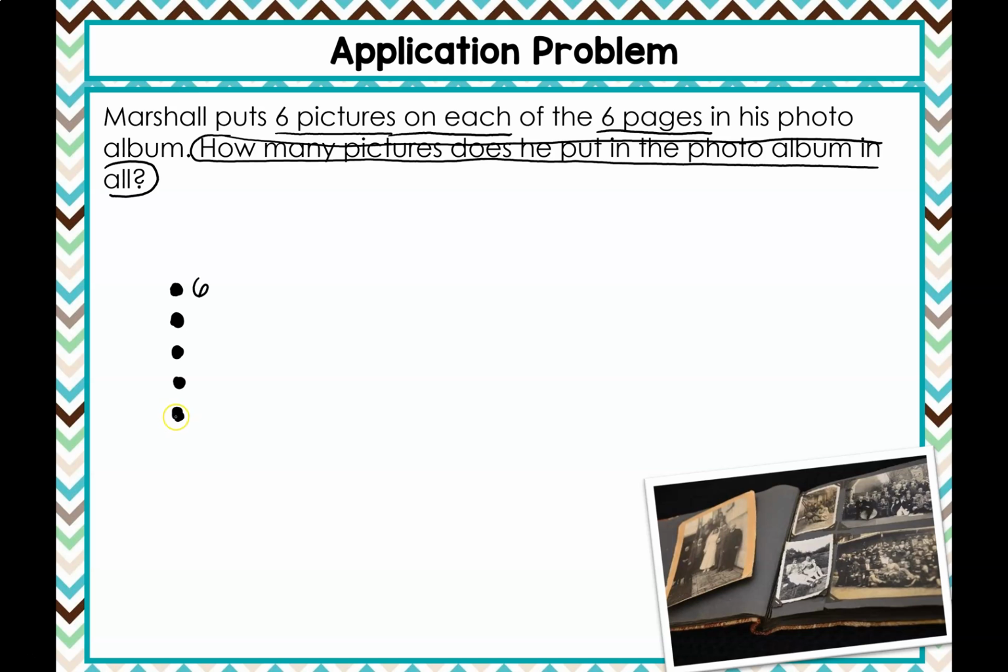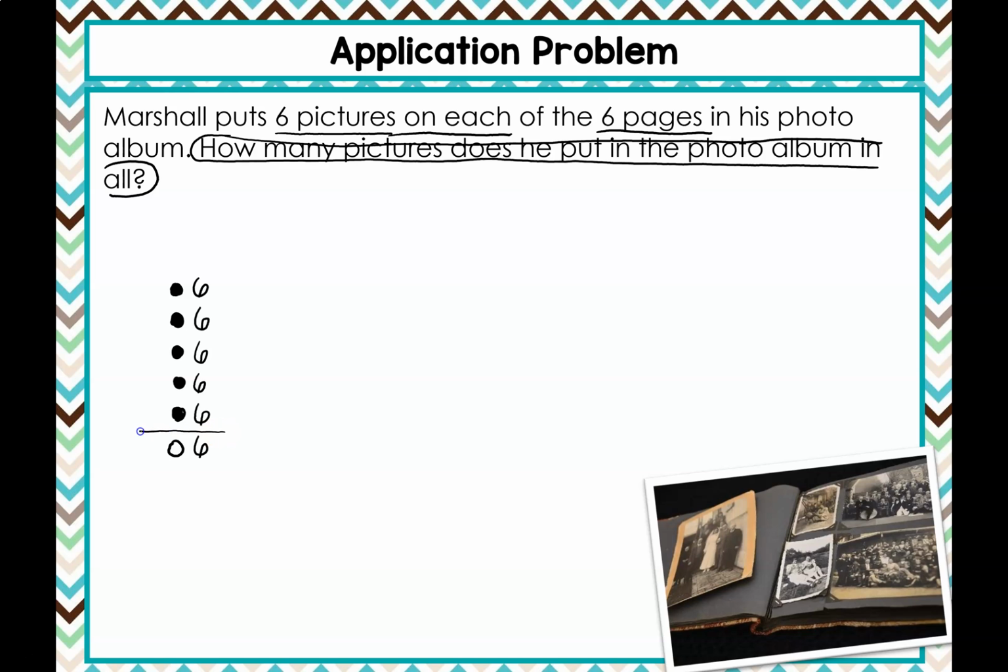But for the last dot, I want you to do a dot that is not filled in, and we're going to talk about why. There's 6 pictures on each page, so for each of these dots, there's 6 pictures. We have 6 pages with 6 pictures on each. We need to solve for that.